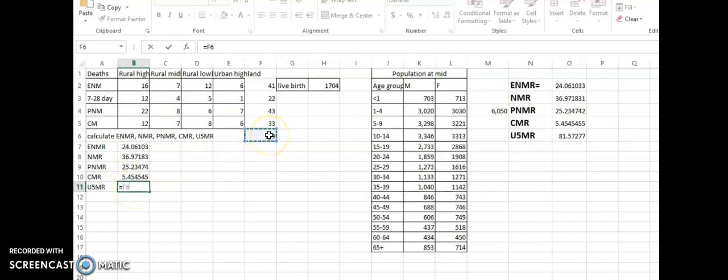So this divided by the live births multiplied by 1000 will give us the under 5 mortality rate. So the under 5 mortality rate for the given data is 81.57 per 1000, which is a high number for the given data.